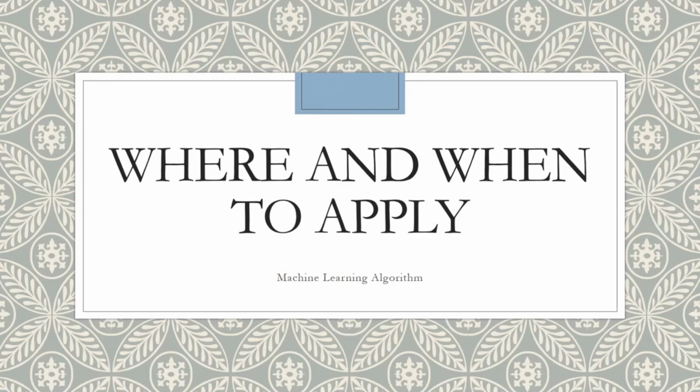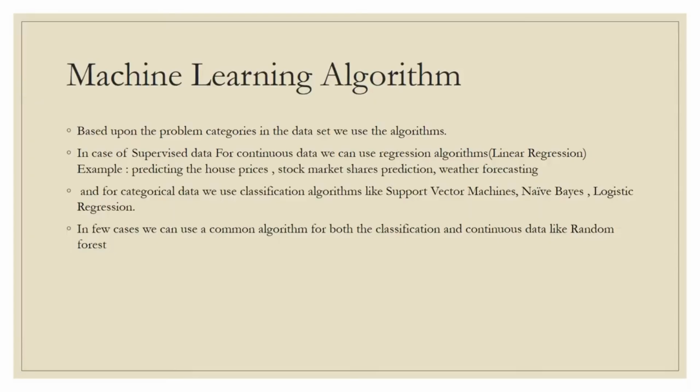Once we are given the data, we have a view of this data, and depending on the data we apply the algorithms. So based on the problem categories in our data we apply the algorithms. That is, it all depends upon our data. Now in case of supervised data where the output is known, we have got the data either continuous or discrete.